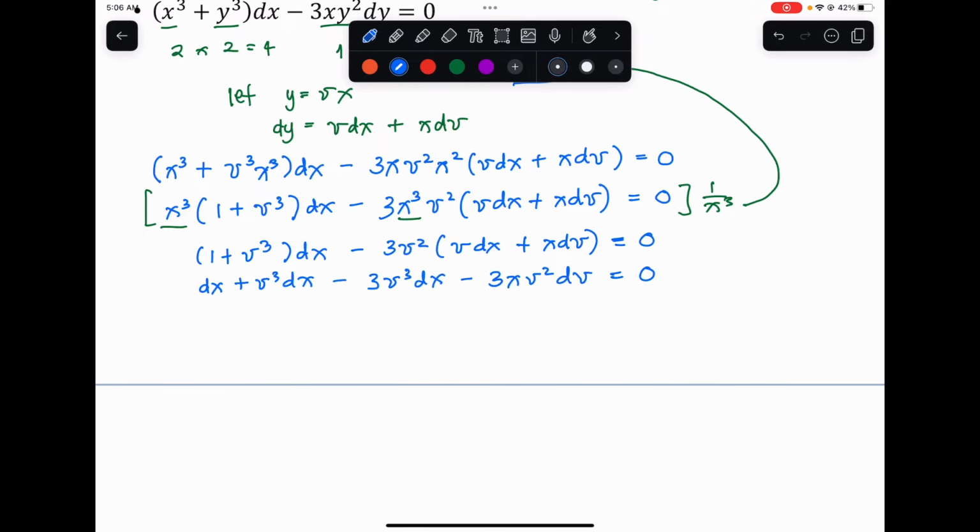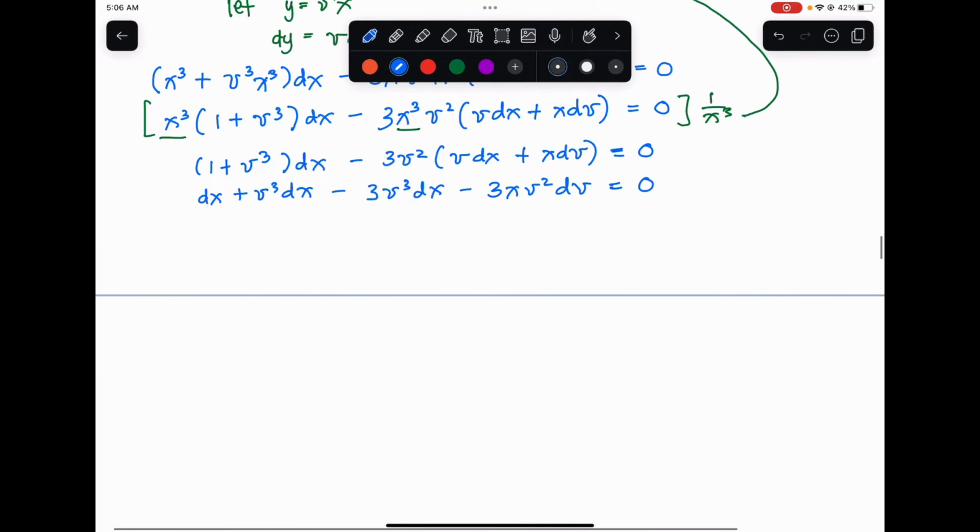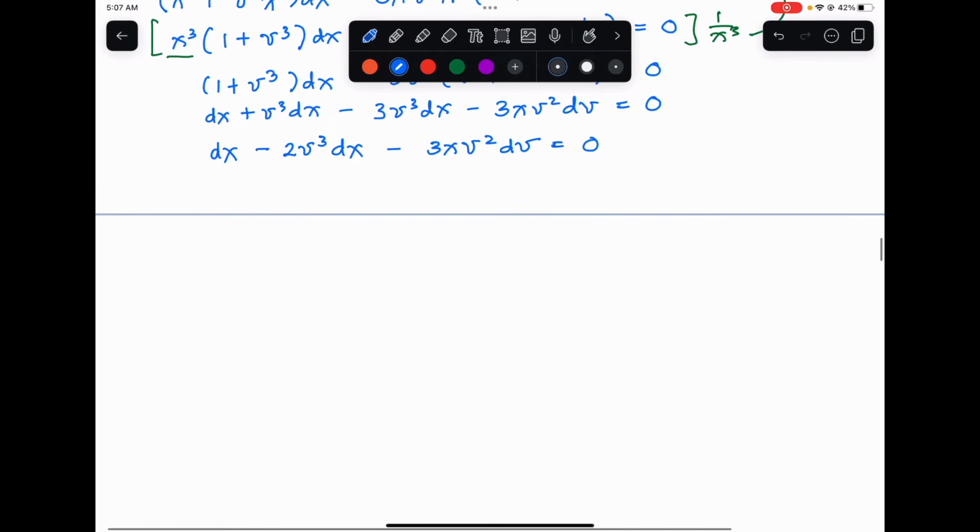Now we perform the operation: v cubed minus 3v cubed is minus 2v cubed dx, then minus 3x v squared dv equals 0.